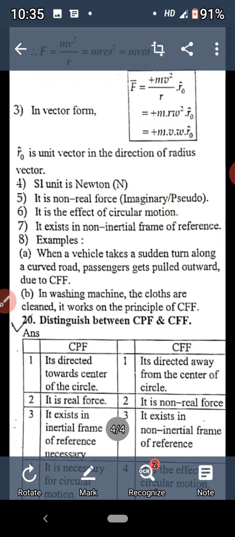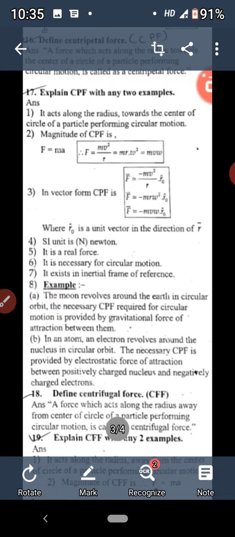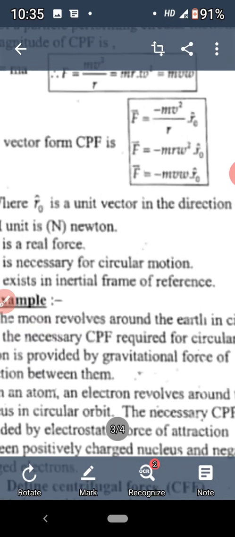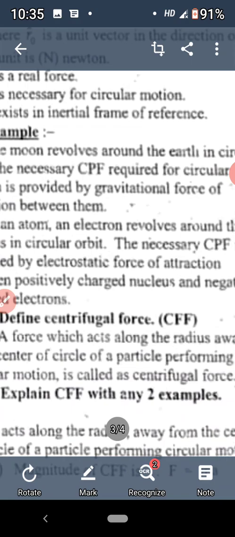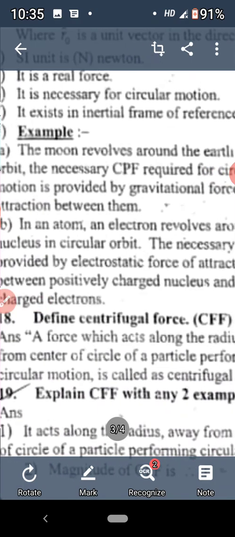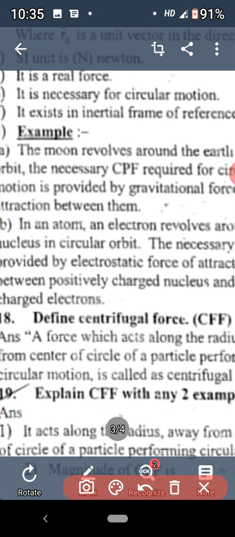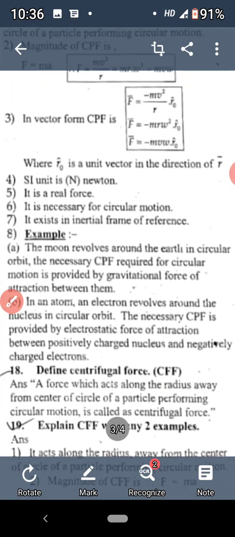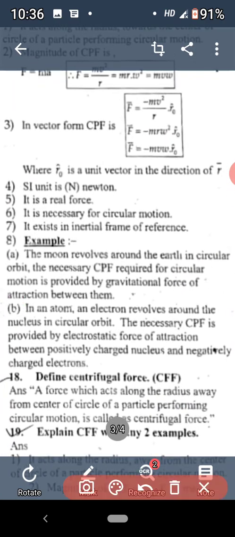Now there is one more force, which is centrifugal force, and that centrifugal force is a force which acts along the radius but away from the center of the circle. This force is called centrifugal force.